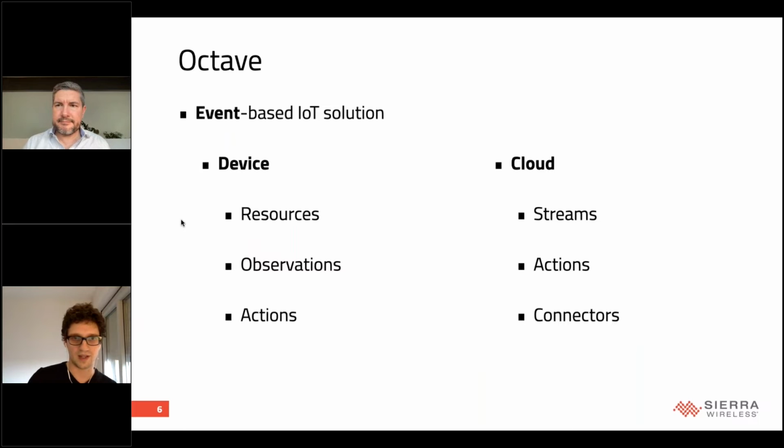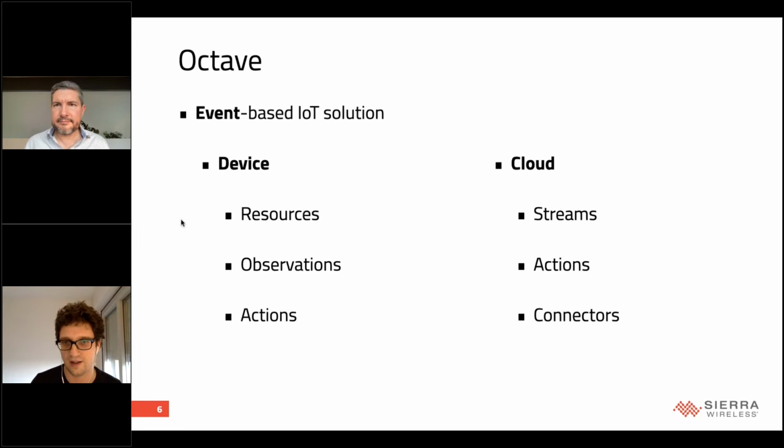So it's an event-based solution, and on the device we have resources which generate data, and they produce them in events. These are then observed in observations, they're captured and then routed to either actions for some transformations, or sent to the cloud.